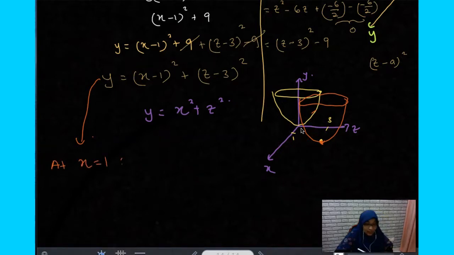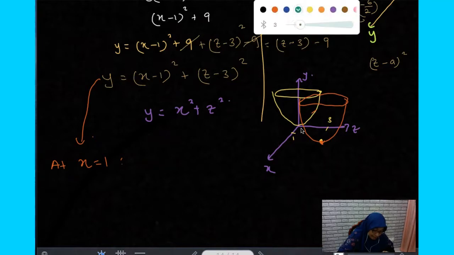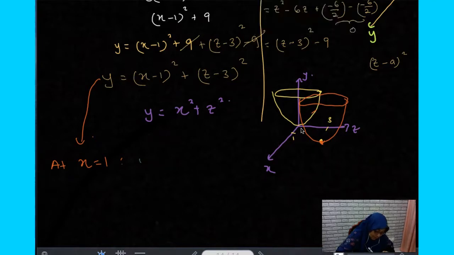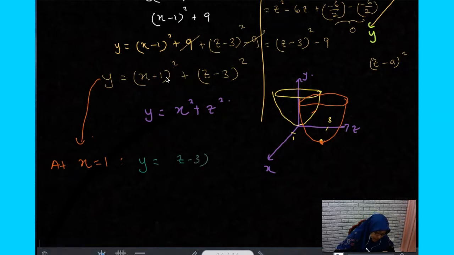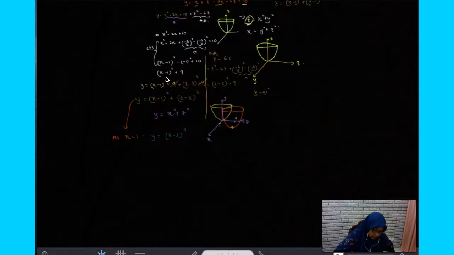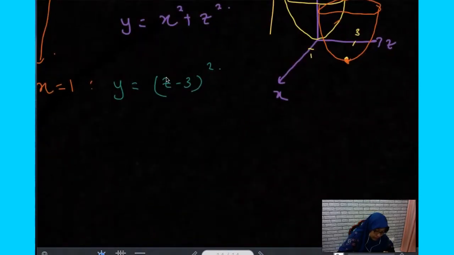So what can you see on the plane of x equal to 1 now? When you set x equal to 1, this part is 0, and you can just have y equal to z minus 3 squared.